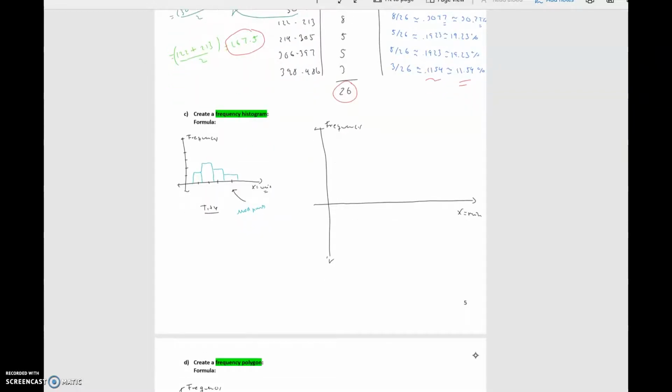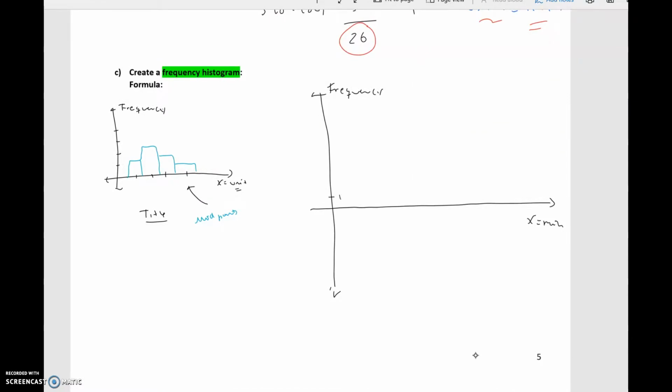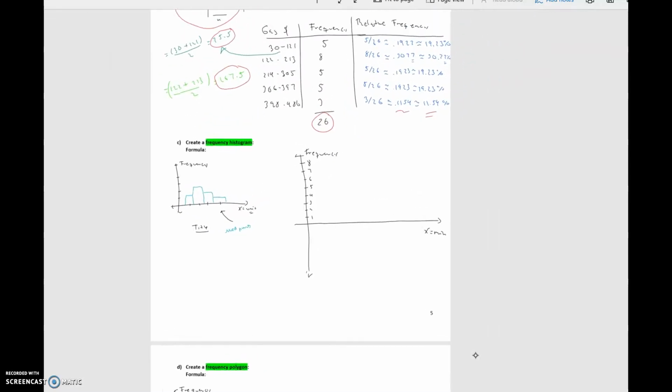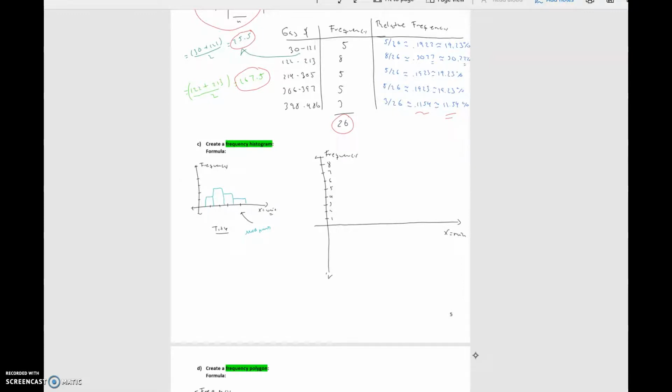So I'm just going to go by ones. Let me make this a little bit larger. So 1, 2, 3, 4, 5, 6, 7, and 8. You can go by twos if you like. And then your midpoints, as long as they're approximately to scale, it should be fine.